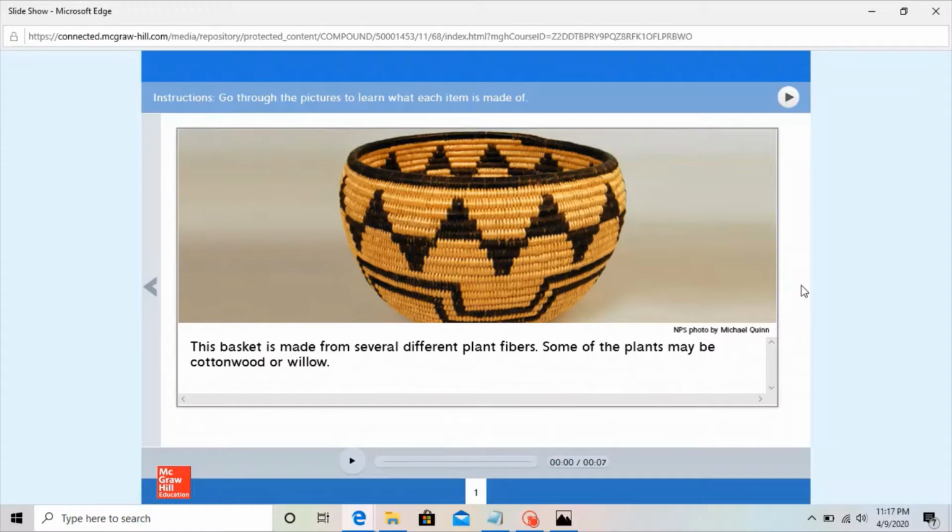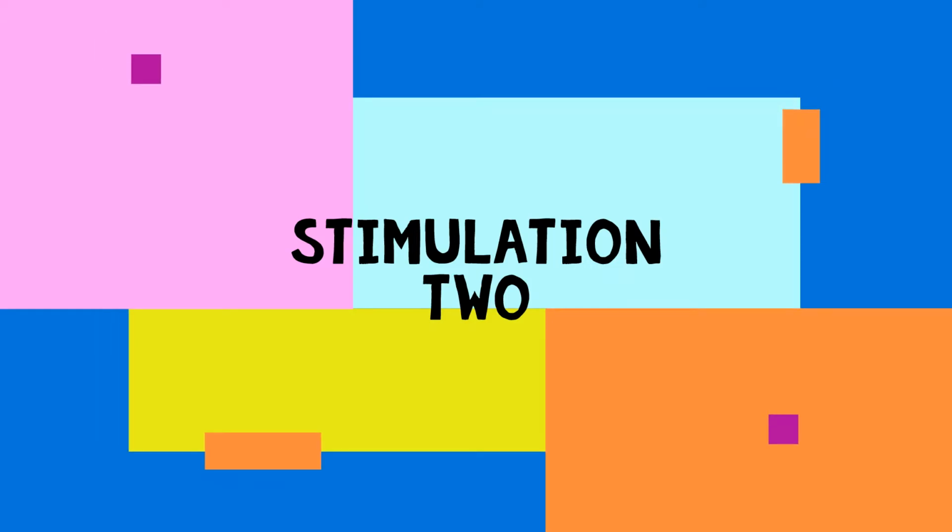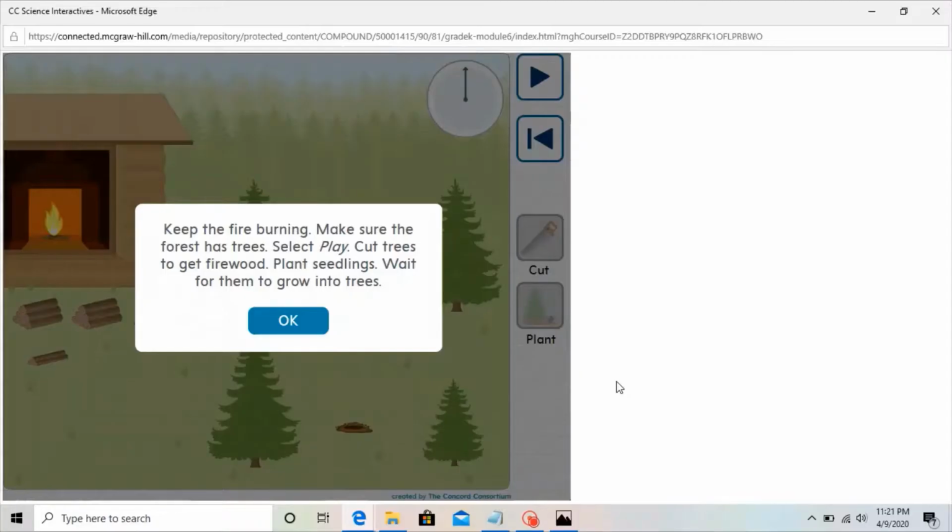So we've heard about a lot of the things that are really natural resources. We learned the different kinds of things that we wear and use around the house are made from plants. I hope you're thinking of some other things that are made from plants and that you and your family are talking about it.